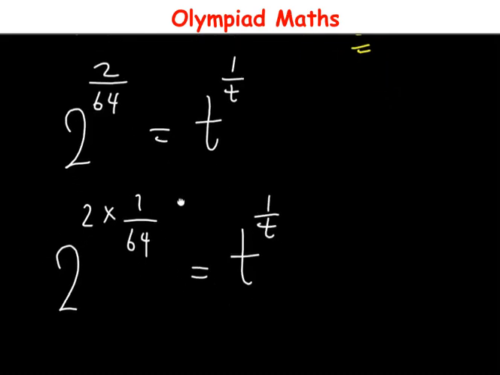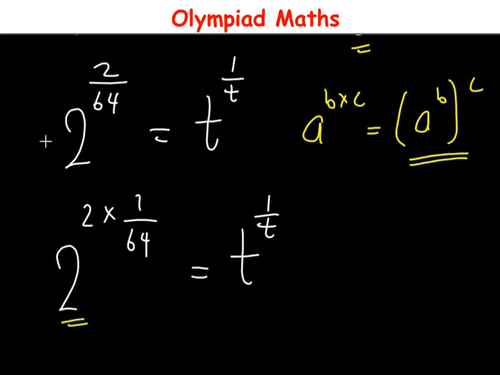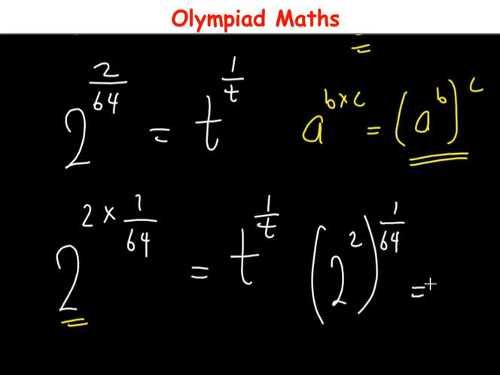And with this, following this rule of indices, that if you have a raised to power b times c, this equals, in brackets, a raised to power b, raised to power c. Applying this rule right here, what we then have is this, that in brackets, 2 raised to power 2, raised to power 1 over 64, which equals t raised to power 1 over t.